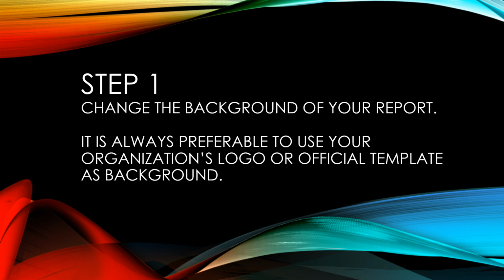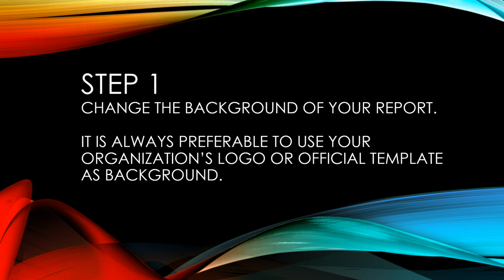Step 1. First, we have to change the background of our dashboard. So it is always preferable if we can use our organization's logo in case we are working or associated with any organization. Or sometimes the organizations have their official template.